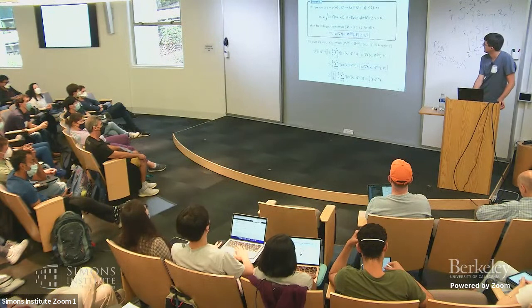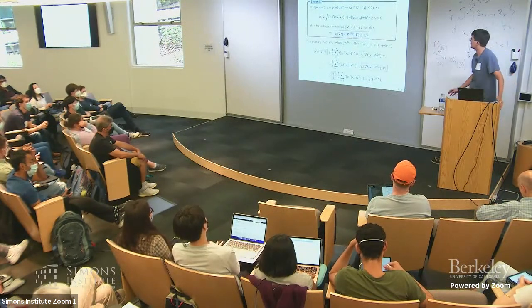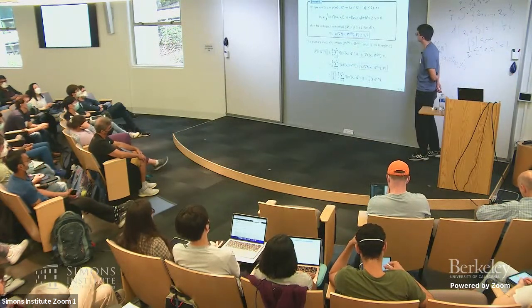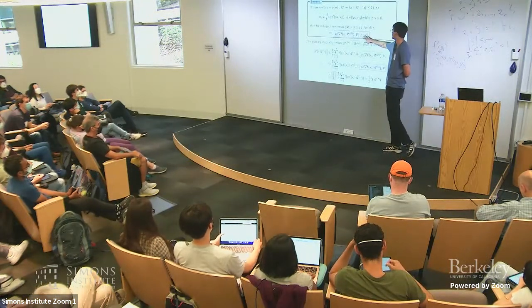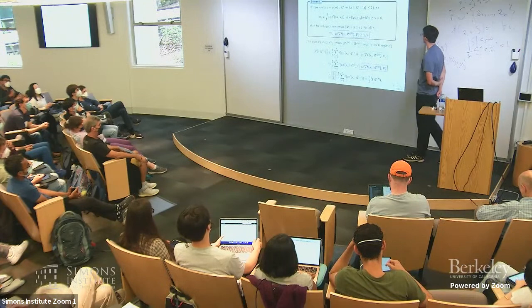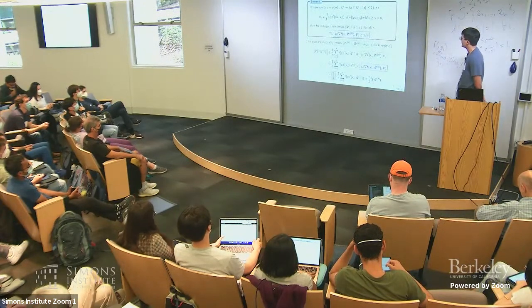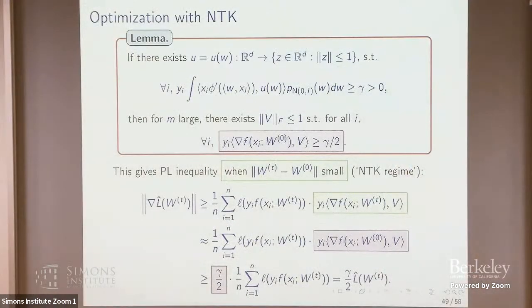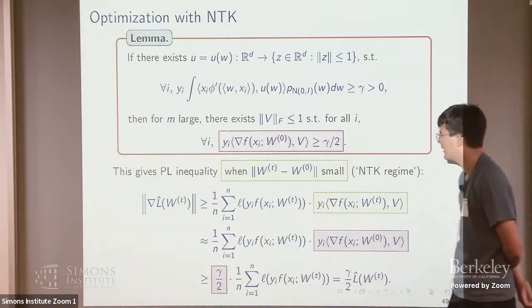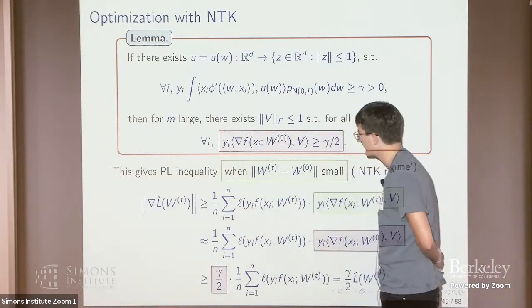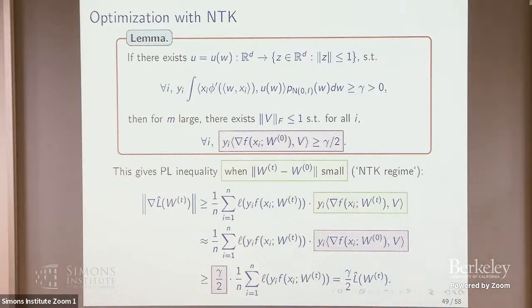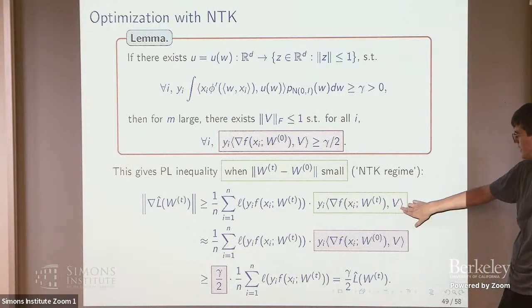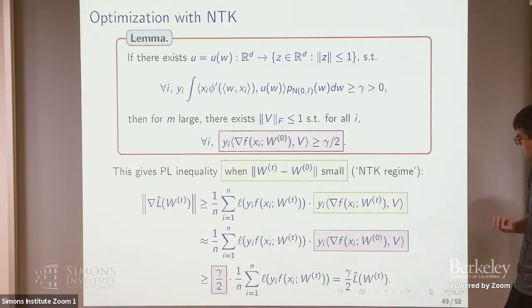Yeah, so just to recap where we're at with what this assumption gets us. What it gives us is that this gradient margin can be bigger than some gamma over 2 when it is large enough. And how does this give us the PL inequality? The PL inequality, as we had before, can be bounded from below by this average of the losses times this gradient margin. The important thing here is that this gradient is at time t, and this matrix V here is fixed.